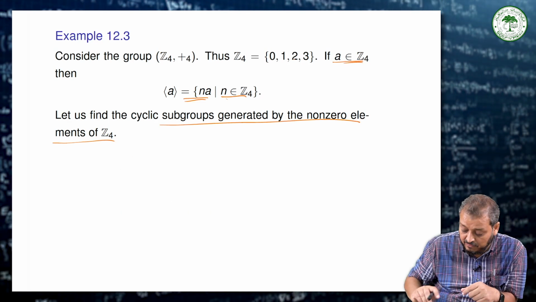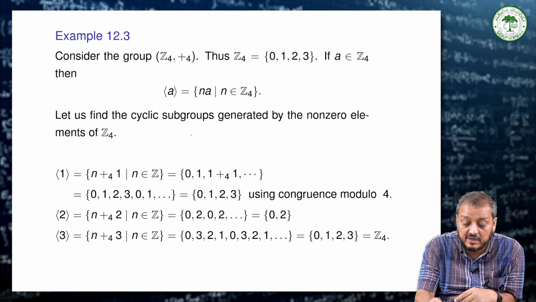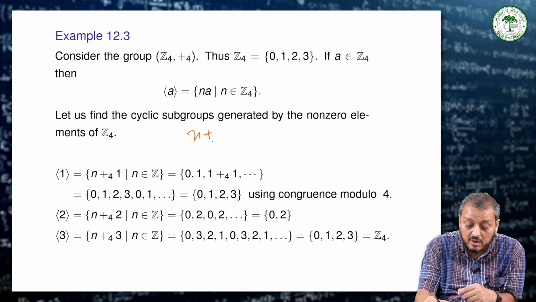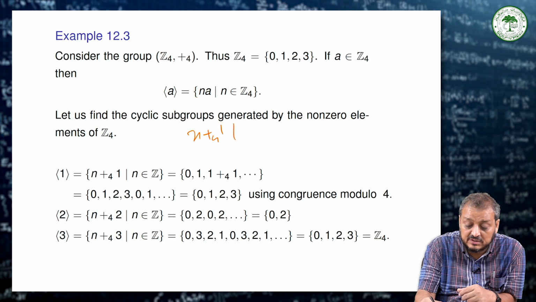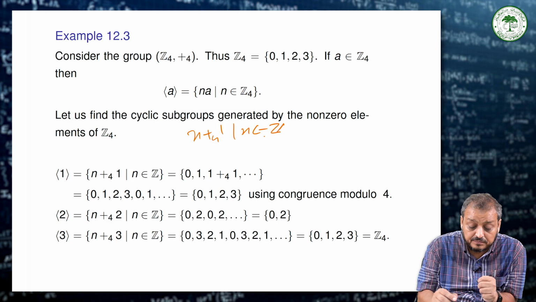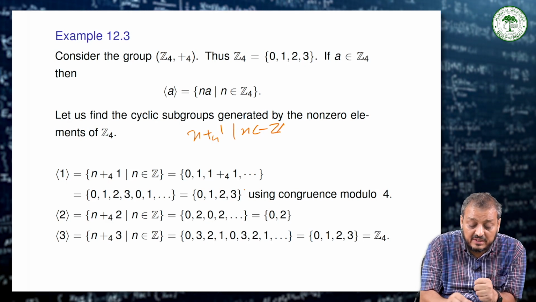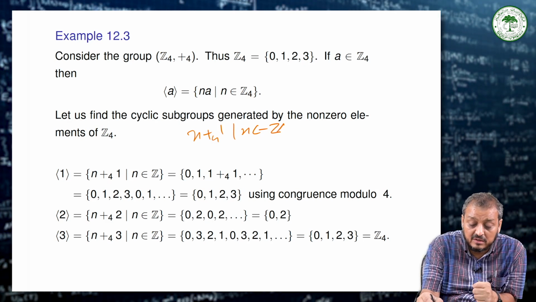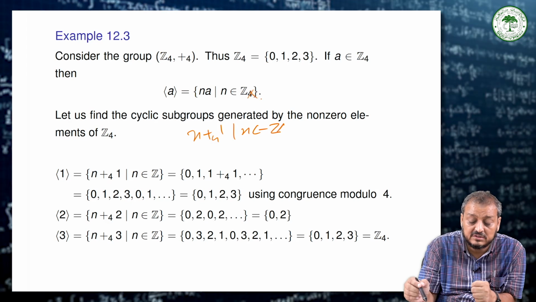It is generated by 1, which can be written as n times 1 under addition modulo 4, such that n is an element of the integers Z, not Z4.